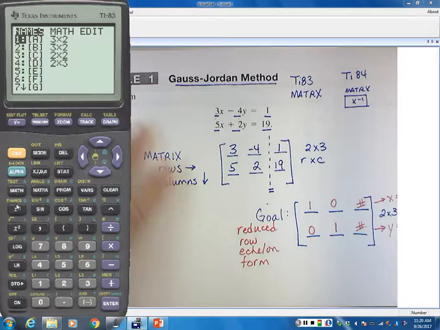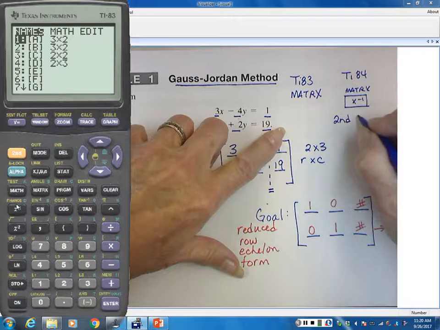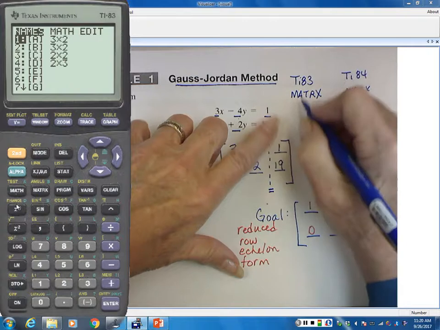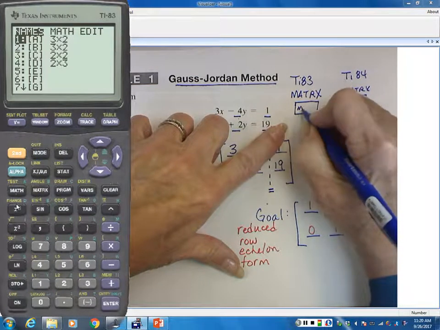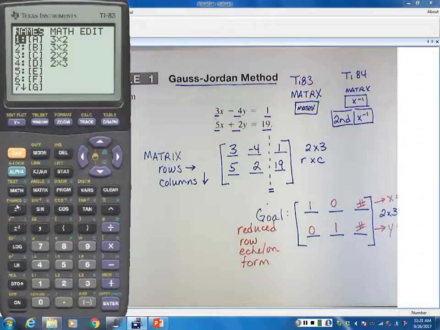So in order to access that on your TI-84, you have to press second and then X to the -1. Whereas on the TI-83, you only have one button.